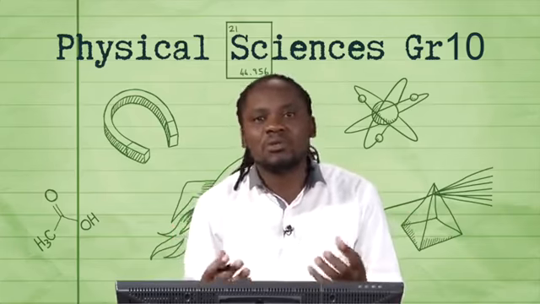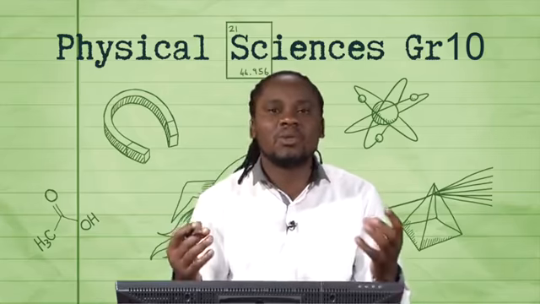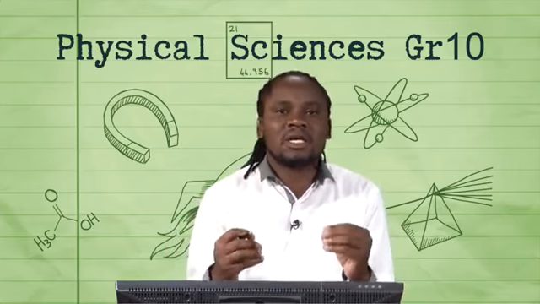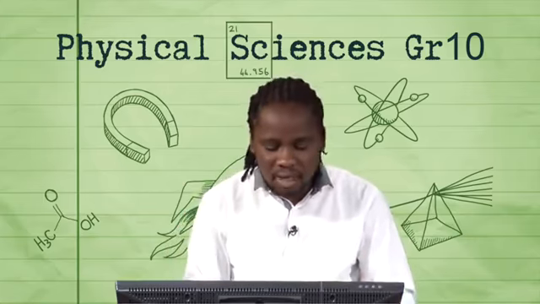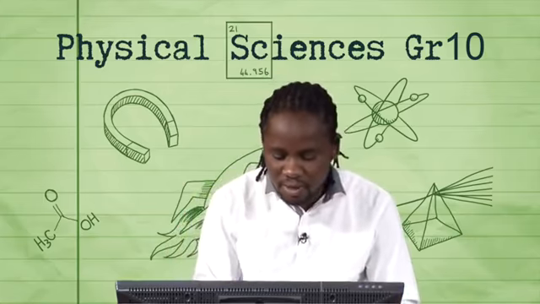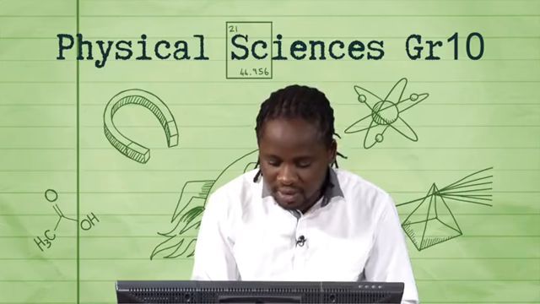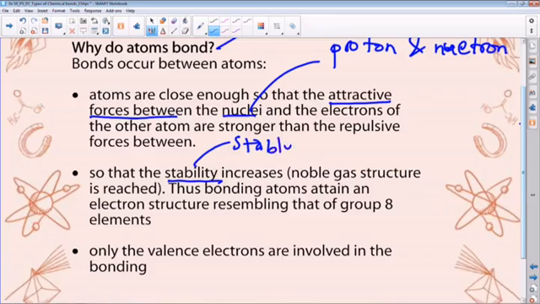So when these atoms bond, the idea is to have an electron structure that resembles that of group 8 elements, which has to do with stability. So when we refer to stability, we're talking about stable gases which are in group 18, right? Group 18, completely filled, right?